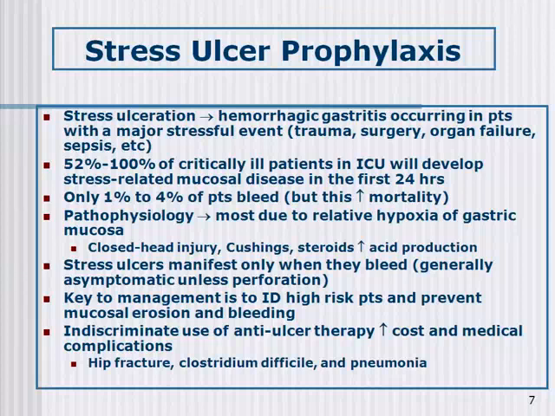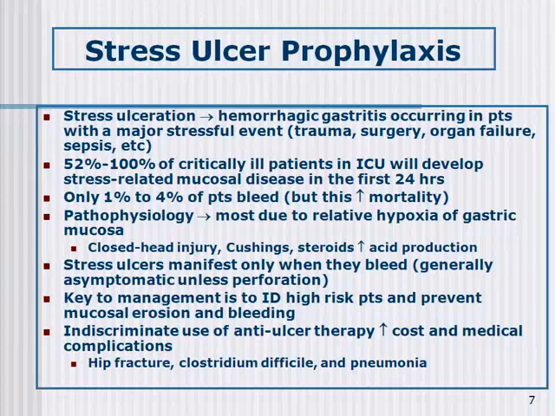Stress ulcer prophylaxis is a common concern in critically ill patients. We know that patients with stress ulcers develop hemorrhagic gastritis, which can lead to bleeding, which increases their morbidity and mortality. And generally, it's thought that there is a specific stressful event, trauma, surgery, organ failure, sepsis, that puts these patients at increased risk for stress ulcers.